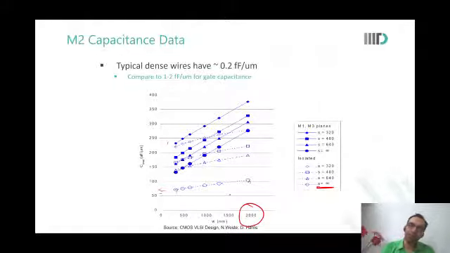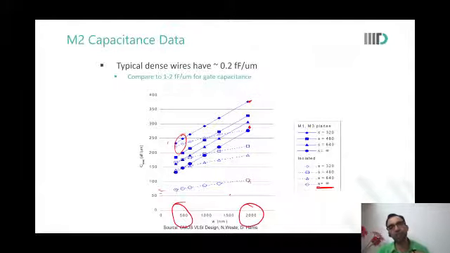For very wide wires, the capacitance increased from 260 to 380. But if your wires are thin, which is usually the case, then there is not much impact of whether there is a wire running up there or not. That doesn't change the wire capacitance significantly.